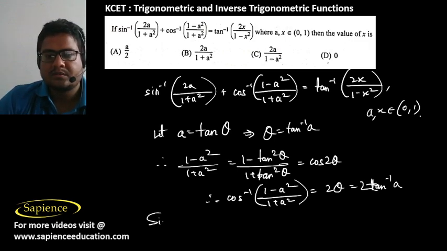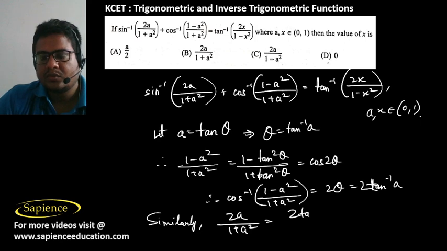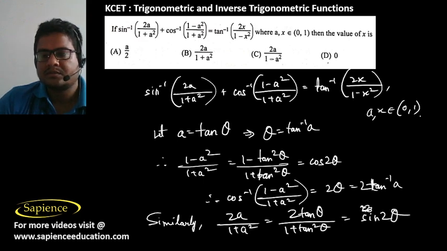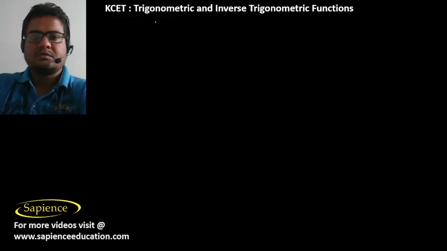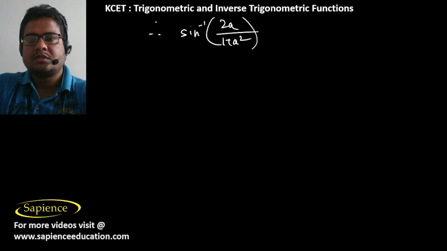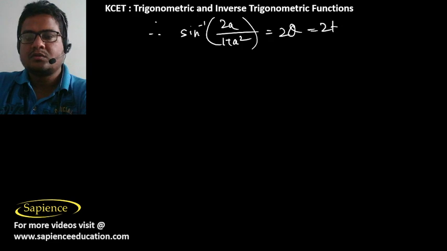And similarly 2a by 1 plus a square can be written as 2 tan theta by 1 plus tan square theta, which is sine 2 theta. So sine inverse of 2a by 1 plus a square is 2 theta, which is also 2 tan inverse of a.